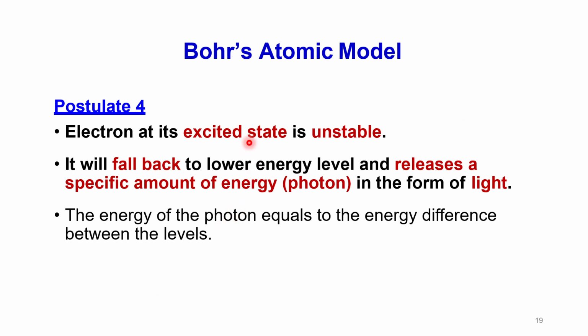So what happen at higher energy level? Okay, macam kamu tak akan selama-lamanya kita akan pada higher energy level. So kita akan gunakan tenaga dan tenaga tu akan habis. Same goes to this electron. At higher energy level, the electron is unstable. So what happen? It will fall back. So bila dia fall back, dia akan release energy.